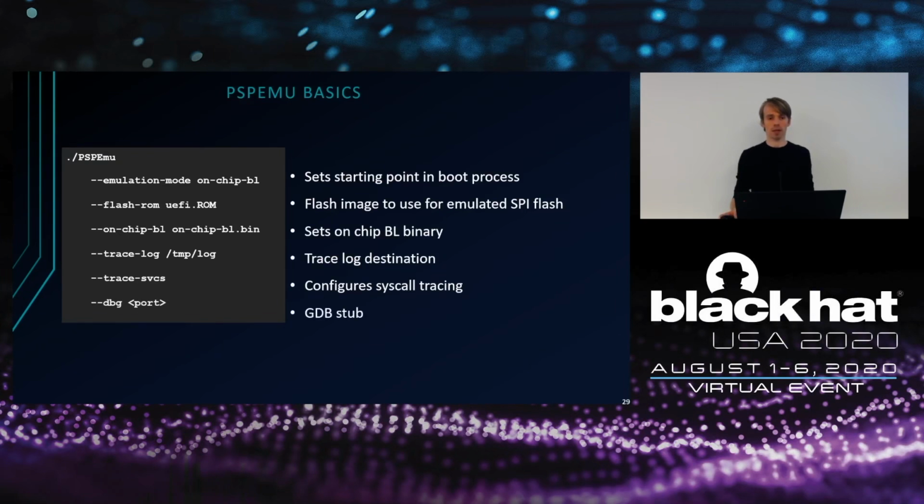The last argument in this example will enable the GDB stub to listen at the specified port. So you can hook up GDB to the PSP emulator and then use breakpoints and watchpoints to control the execution of the loaded binary and analyze it. So this is a basic workflow when using the emulator.